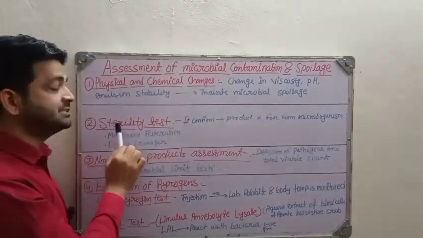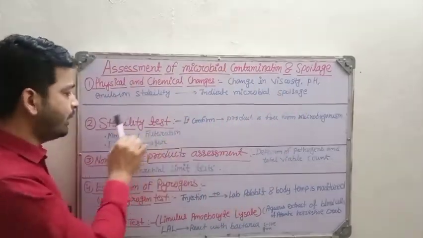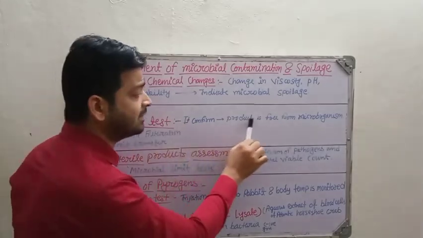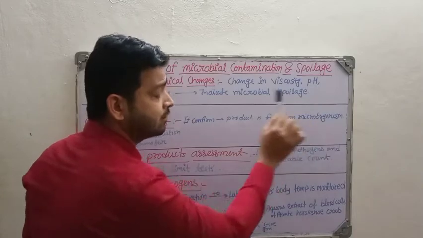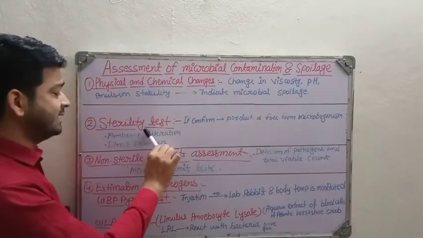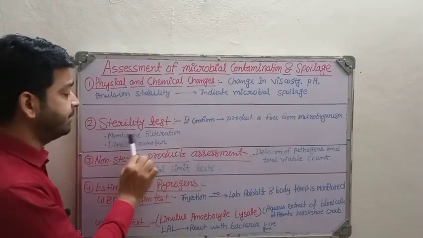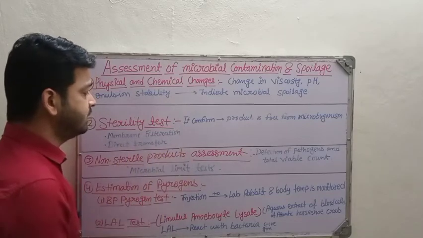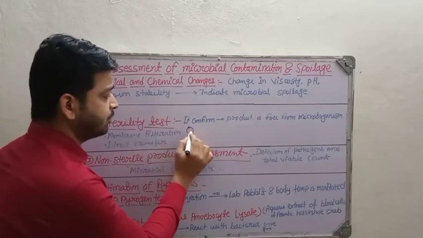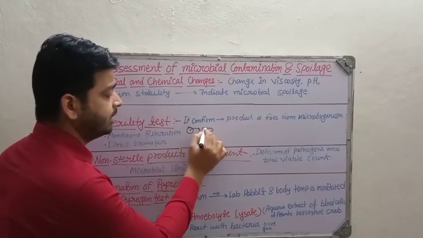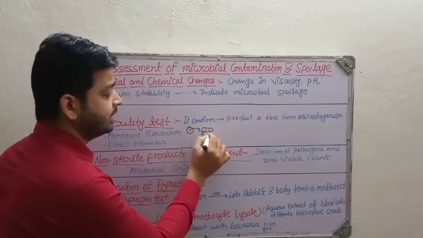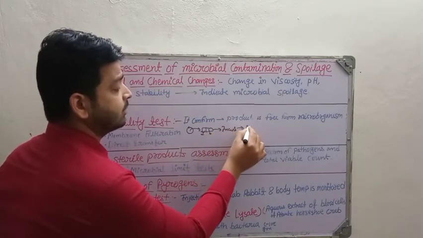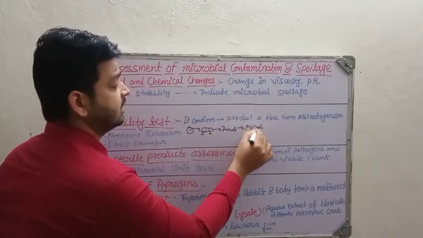Coming to the second one, the sterility test, right? This test confirms that the product is free from microorganisms. We have already discussed the techniques, membrane filtration and direct transfer. In membrane filtration, the pharmaceutical product is passed through the membrane, which is divided into two categories, and then we incubate it and see whether microbial growth is there or not.